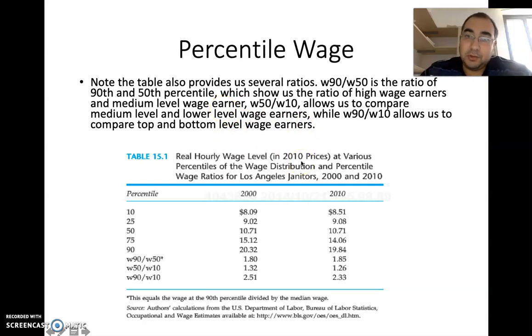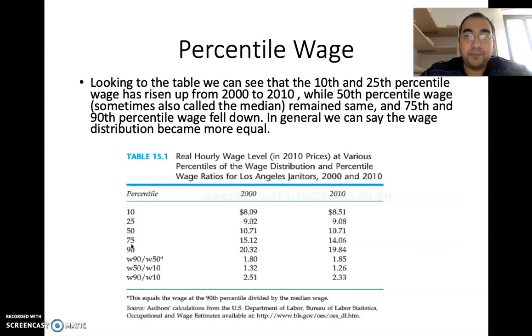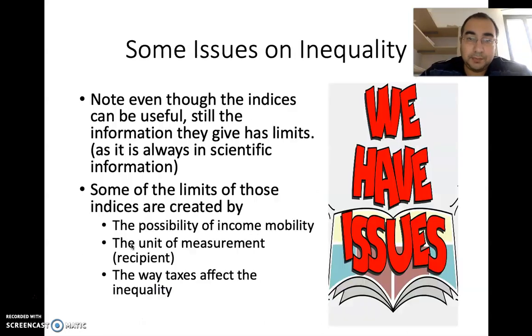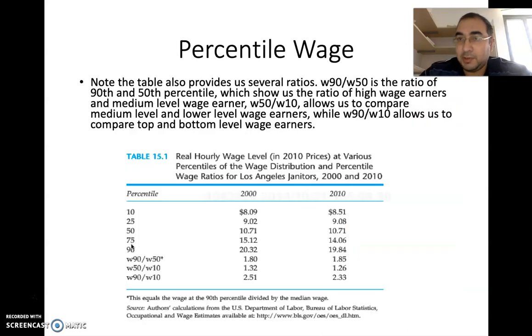You can look at the extreme high wage earners, as extreme as you want, or relatively more moderate levels, like the 25th percentile and 75th percentile. So this is an alternative way to measure inequality. You can do it for wages, and also for income or wealth. You can get similar tables for wealth and income also.